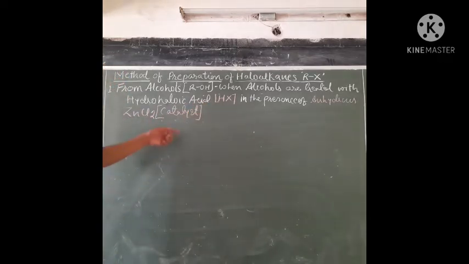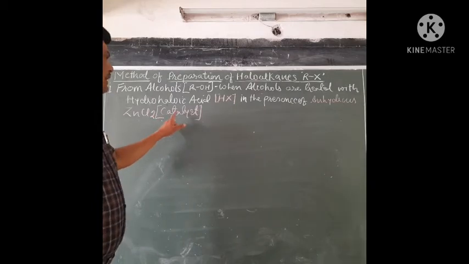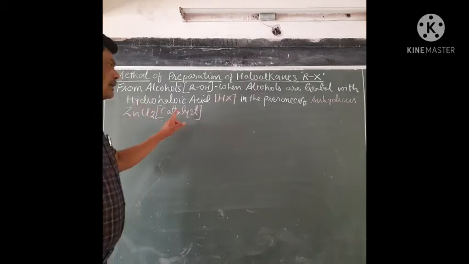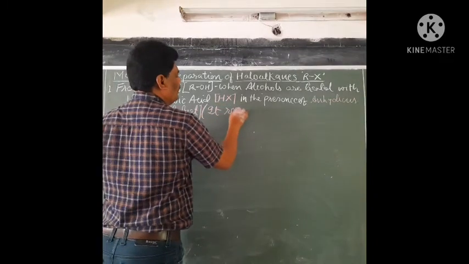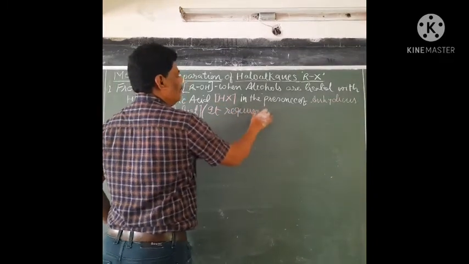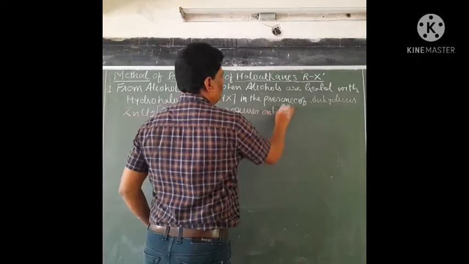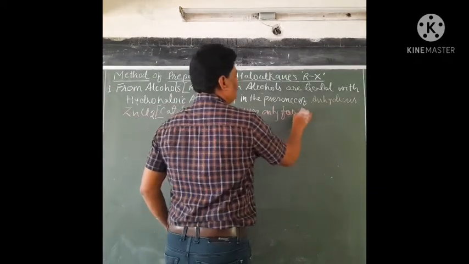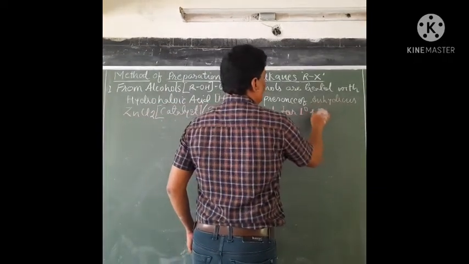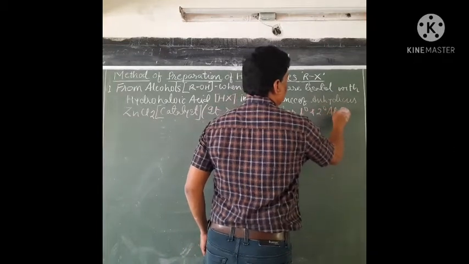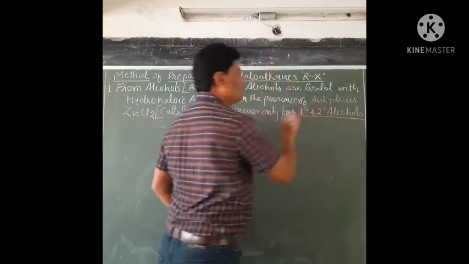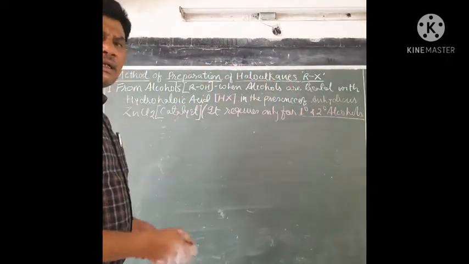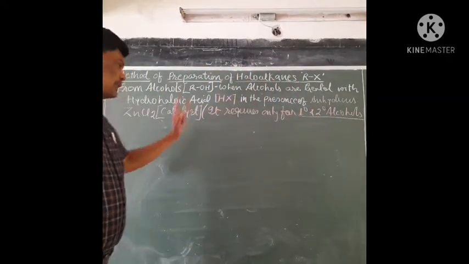Actually it acts as a coordination compound, but we are writing catalyst here. It is required only for primary and secondary alcohols, not for all alcohols. That is, not for tertiary alcohol, but only for primary and secondary alcohols. We will see how.